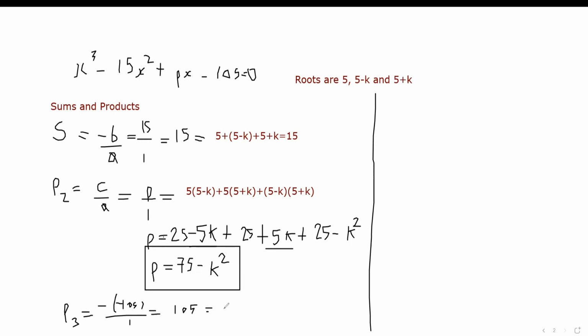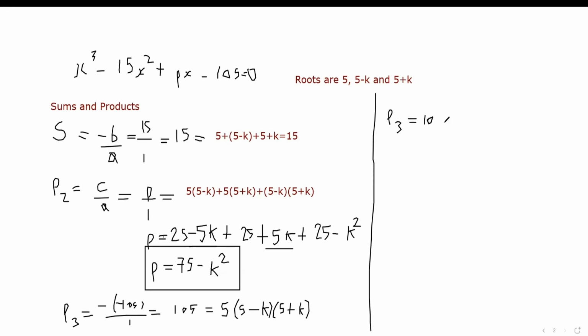And the product of the three roots is 5 times (5 minus k) times (5 plus k). That's going to be the product of the three roots. So what we're going to end up getting is P3, which is equal to 105.